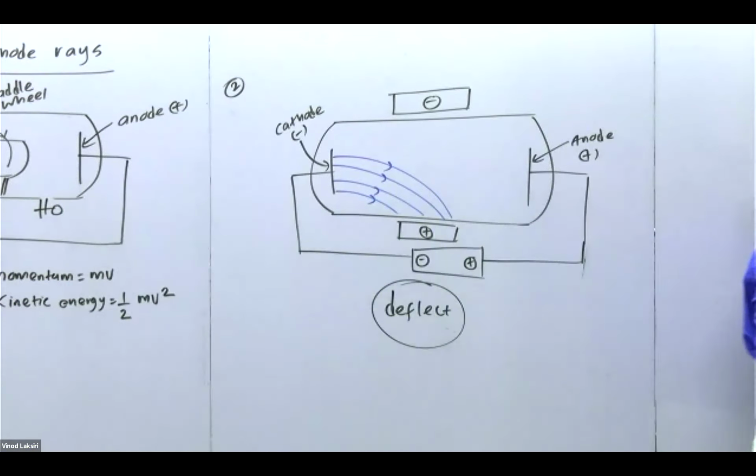Therefore, they have negative charge. Cathode ray particles have negative charge.